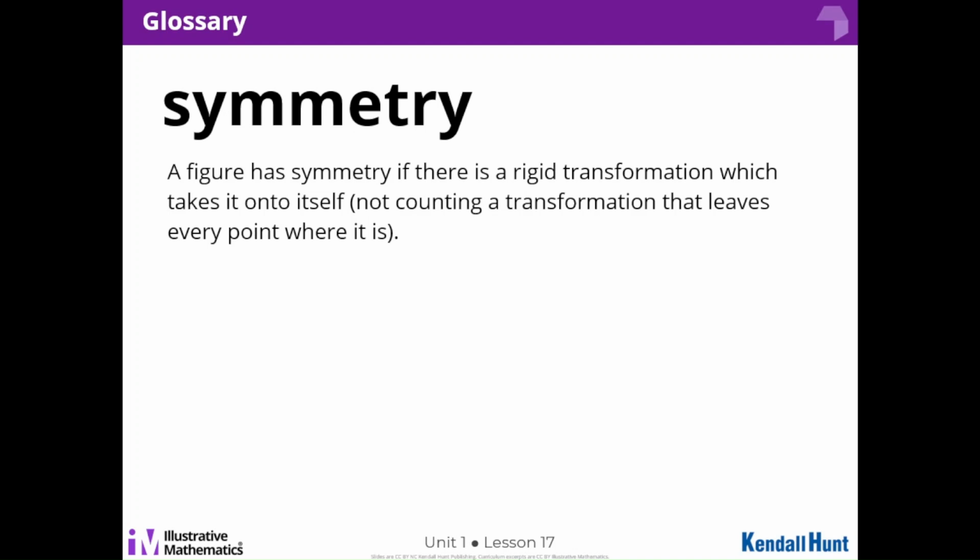So this means that if I could do a translation, a rotation, or a reflection, something like that X, where I can take the left half and translate it over on top of the right half and have it line up exactly, that is when we would say that a figure has symmetry.